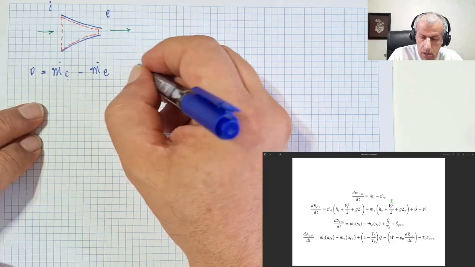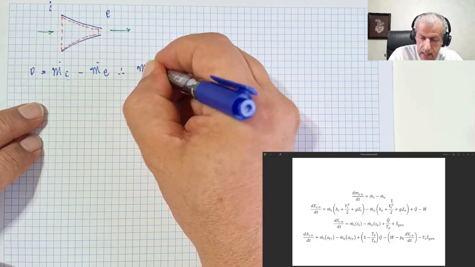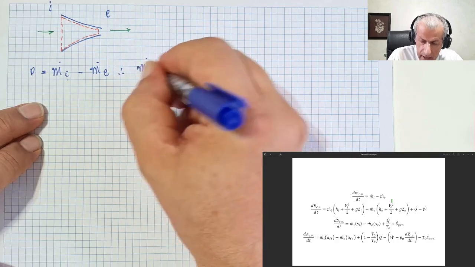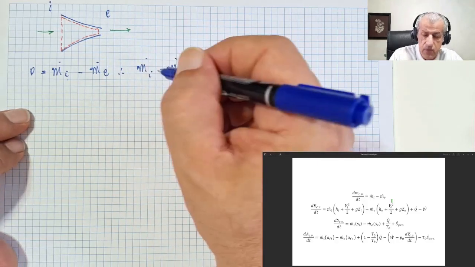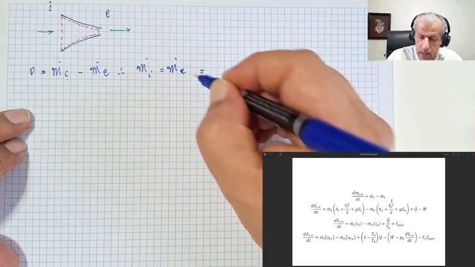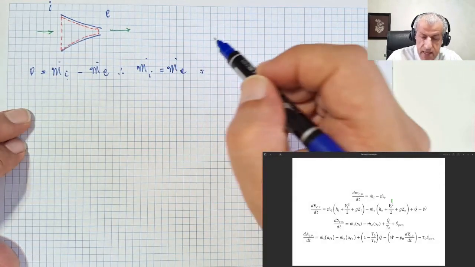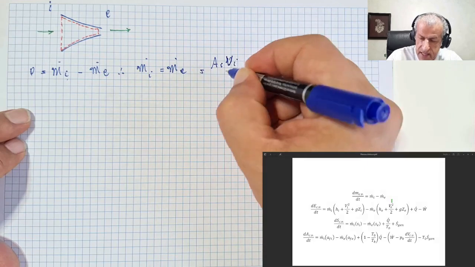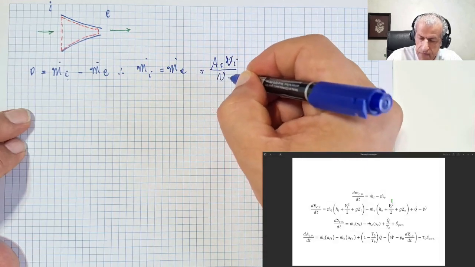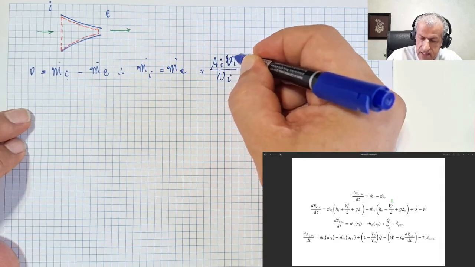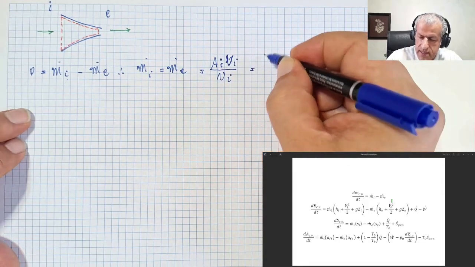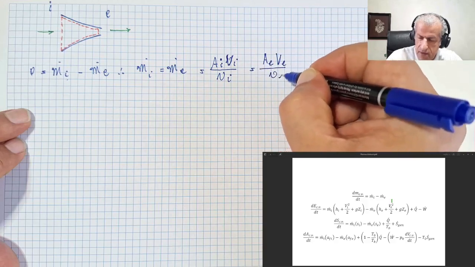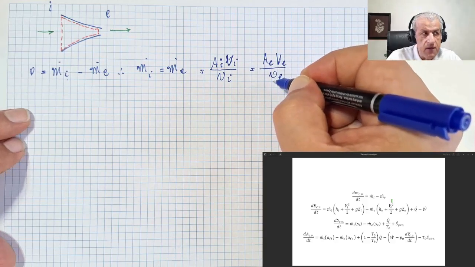We could conclude that m dot I equals m dot E. And instead of writing it this way, there is another way that we could write it: instead of m dot I, we could write A_I V_I, which is the velocity, divided by v_I. This is velocity, this is a specific volume, and that equals A_E V_E divided by v_E, velocity and specific volume.